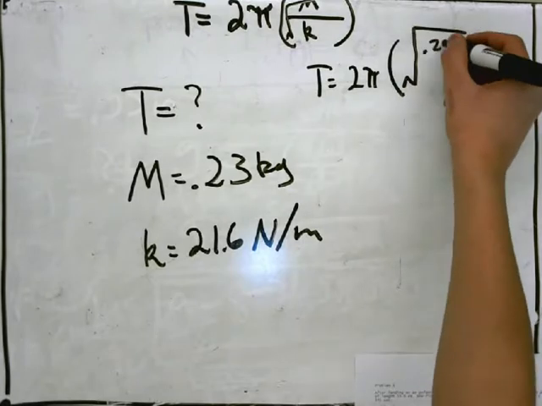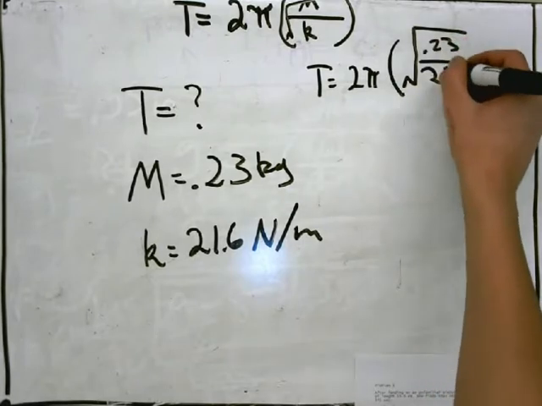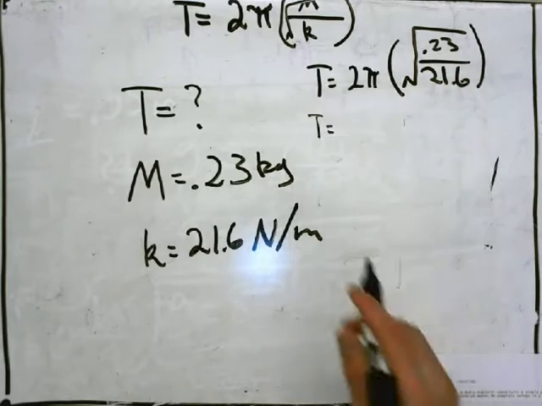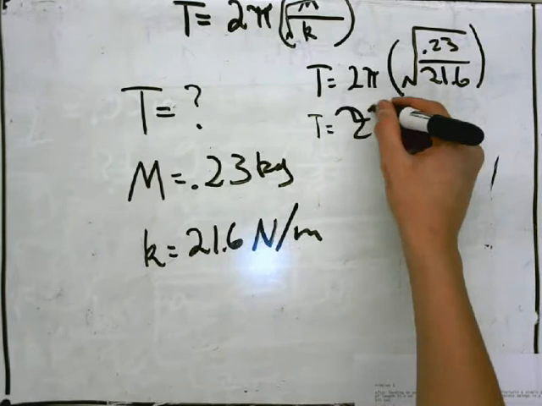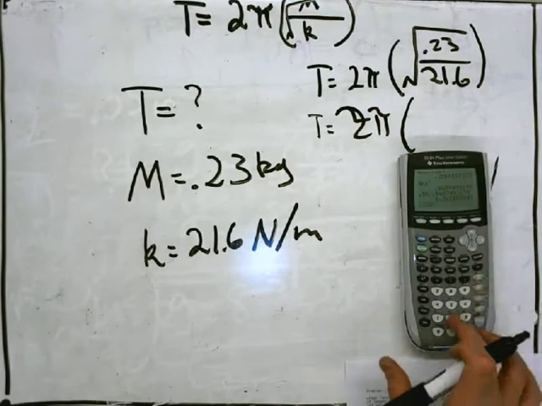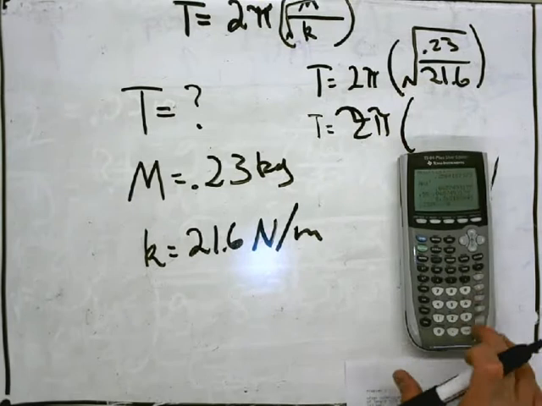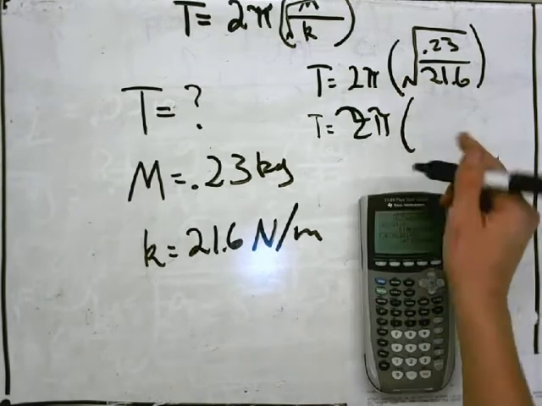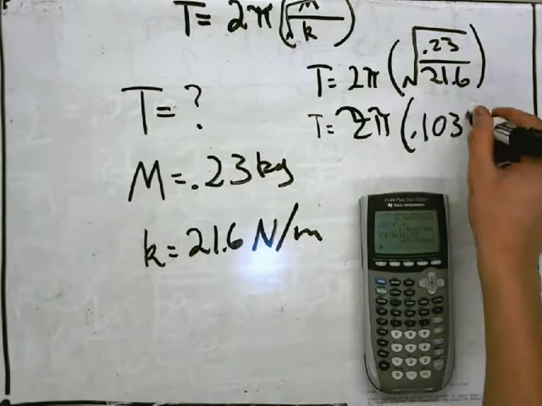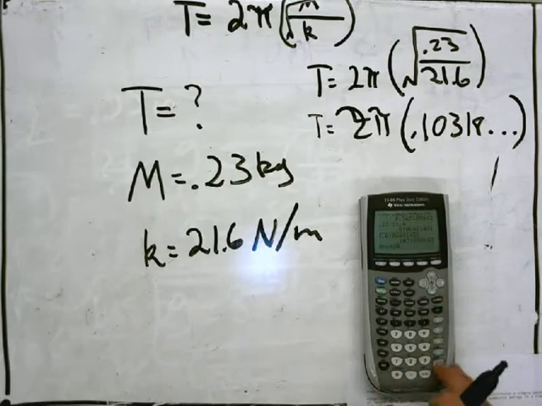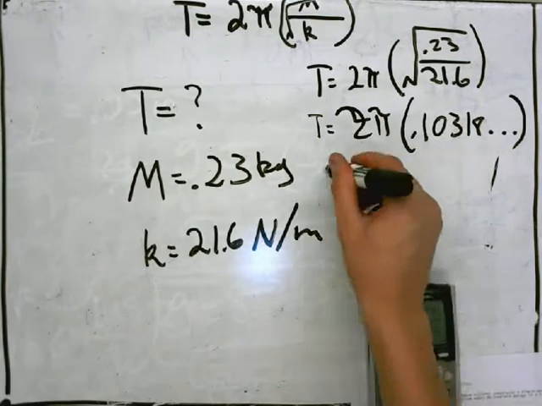Let's simplify this term. 0.23 divided by 21.6. Take the root of that. We're going to get 0.10318 dot dot dot. Then multiply that by 2 pi. We're going to get that the period equals 0.64836100394. So that is how long it takes for one cycle to complete.